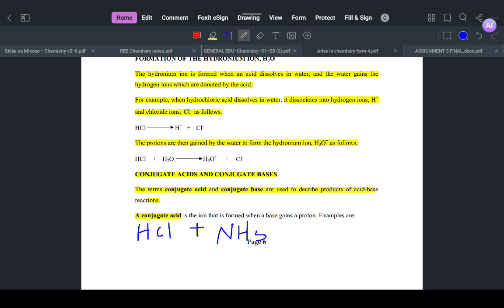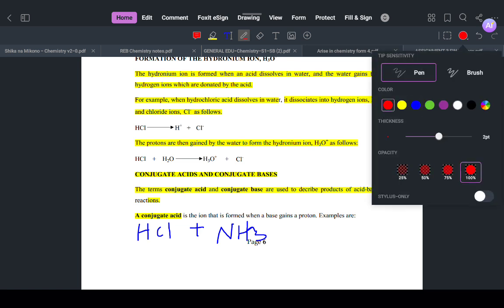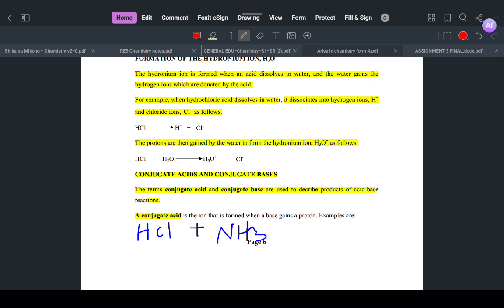Practically what's going to happen is that the acid, which is HCl, will donate its proton, which is hydrogen, to ammonia. The product is going to be an ammonium ion, NH4+.